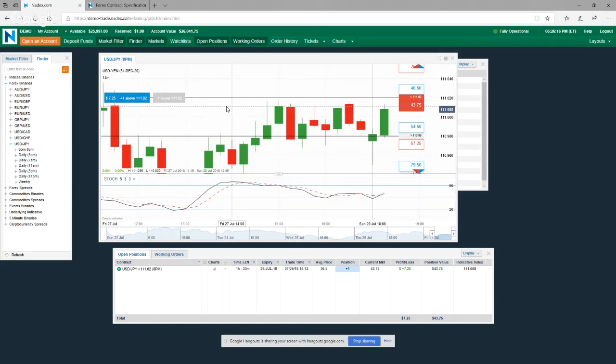Why? Because the USD is the first part of the symbol. Canadian is the second part of the symbol. So if crude is going down, that means the Canadian is going to be weak, and the USD side would be strong, so you would expect it to go up, not down.